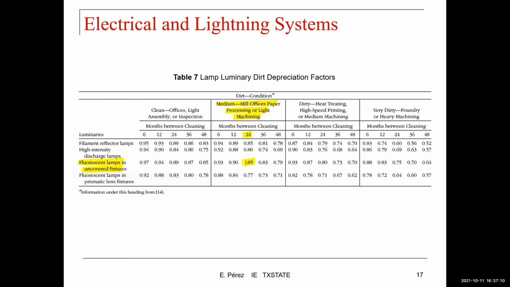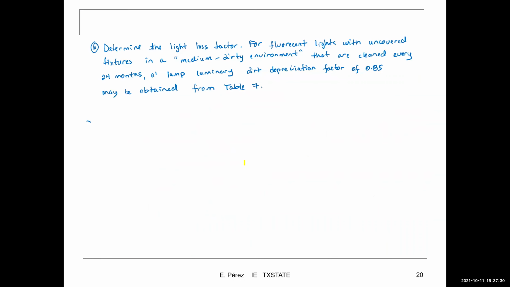Medium processing, light machining, fluorescent lamps with uncovered fixtures, and with cleanings every 24 months, where everything intersects is 0.85. So that would be the lamp luminaire dirt depreciation factor. And now I have all the information that is needed to compute the number of lamps. So this is going to be LLF equals 0.85.